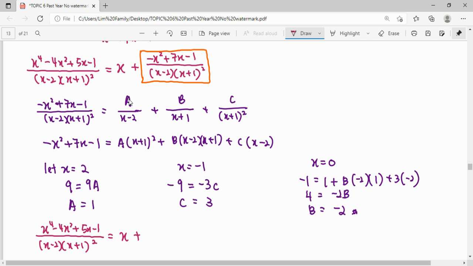So where our a is 1, x minus 2, b is negative 2, so negative 2 per x plus 1. Then c is 3. So we will substitute this partial fraction in the remainder part here. So this is how we express an improper fraction into a partial fractions.